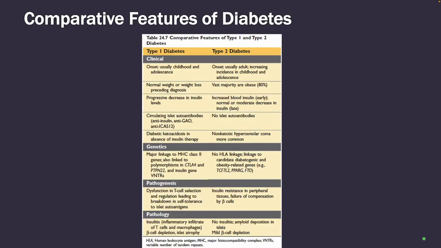Here is a table showing the comparisons between type 1 and type 2 DM. We'll go over these later, but this is a good overview of the differences between type 1 and type 2. Just remember, type 1 is autoimmune and destroys your beta cells. Type 2 is more of insulin resistance.